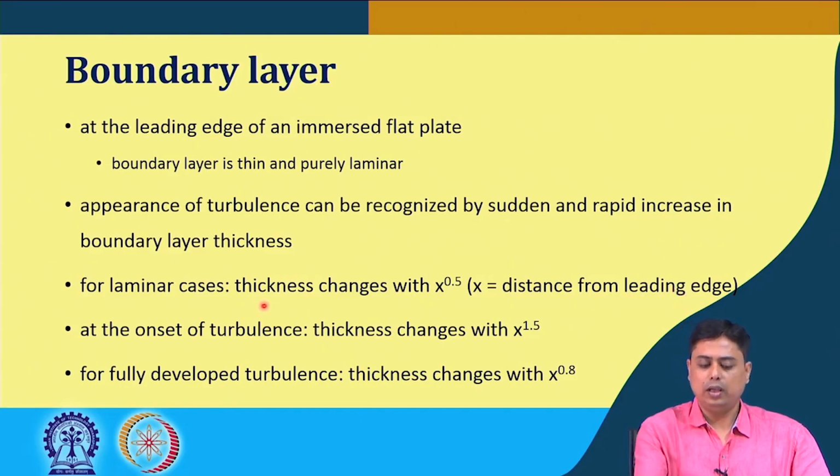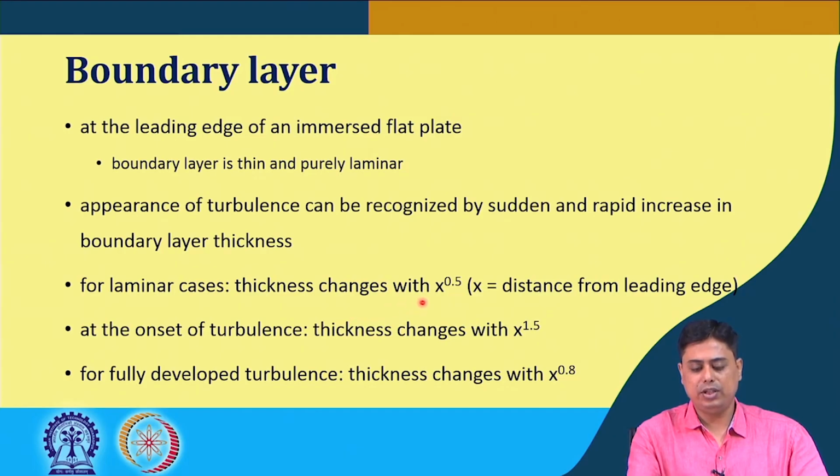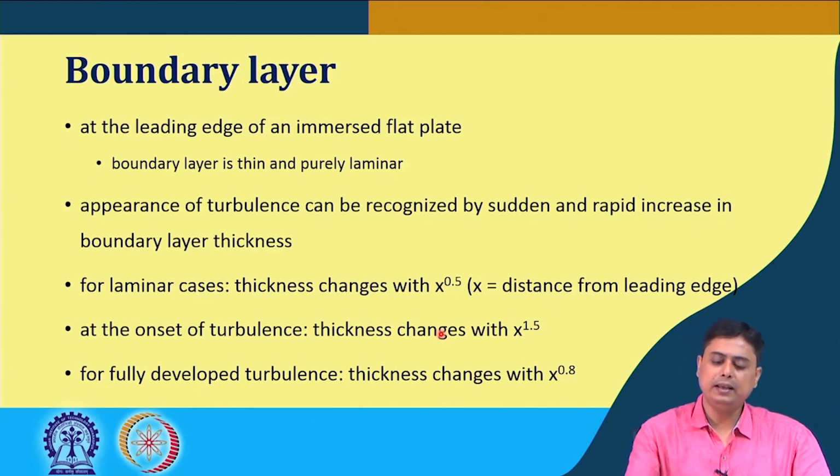So, for the laminar case, the thickness changes with x to the power 0.5, multiplied by certain prefactors, and those relations were suggested by several researchers through experiments, but typically it varies by this factor.